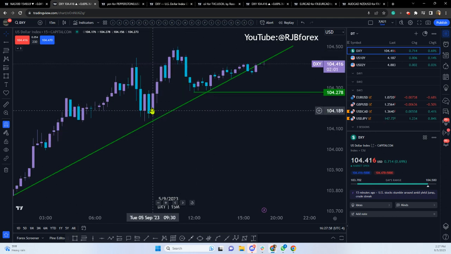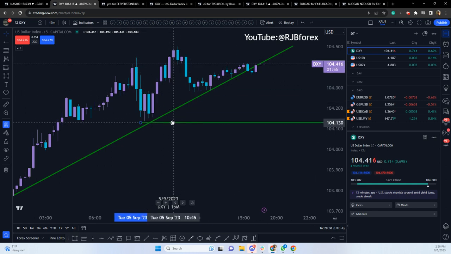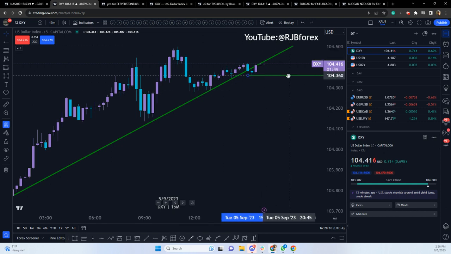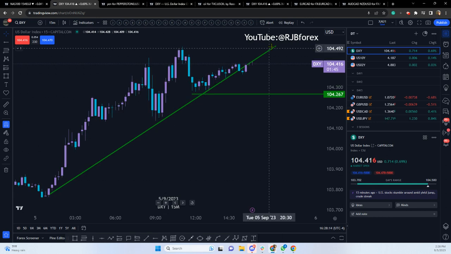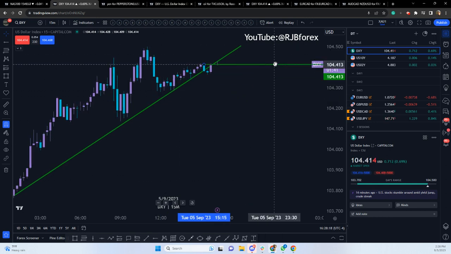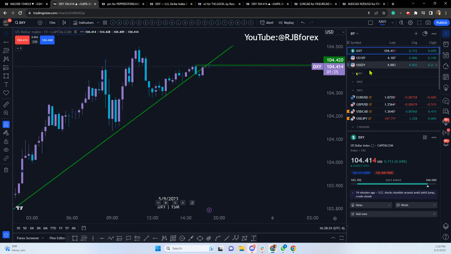Now, unfortunately, we didn't break any structure to the left, so it's down here, okay, at the moment. But if we continue coming up, then we can potentially bring this up as well, and so on. But we're just tracking this flow and moving along with it, and then looking for the breakdown to short, okay, in Dixie and vice versa across the board.